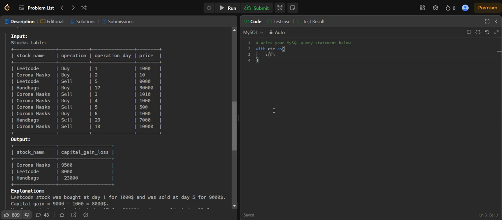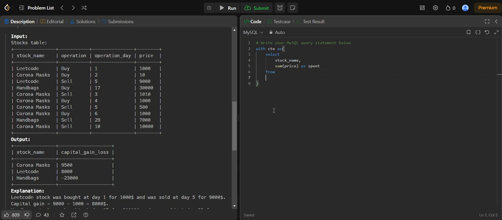So I will select the stock name, comma, the sum of price, as, say, the buy price, or simply write it as spent, because this is the price I paid to buy this stock.